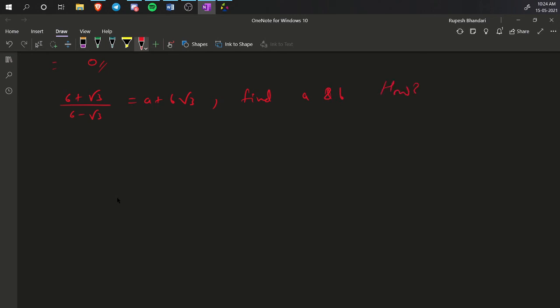So how is the big question, right? How do you find it? So what we will do is basically, let's just use our normal technique, 6 minus under root 3, and then let's try to match it with a pattern.